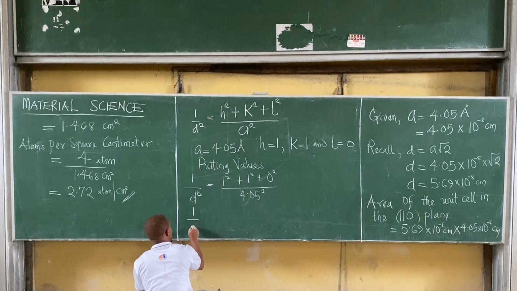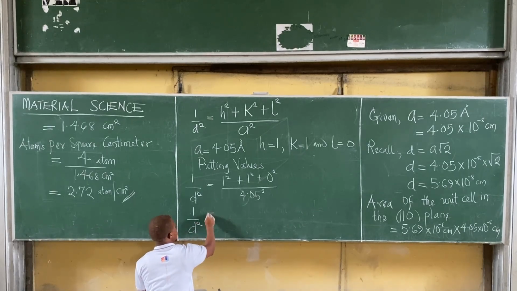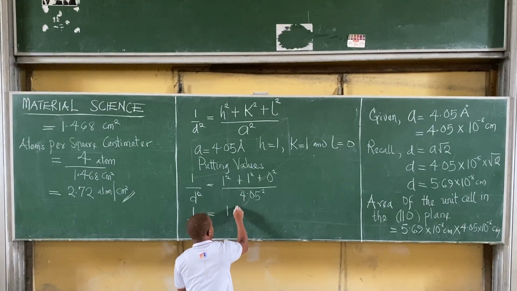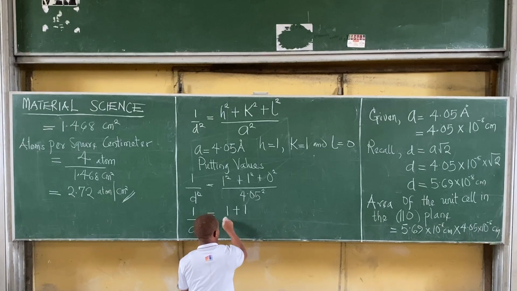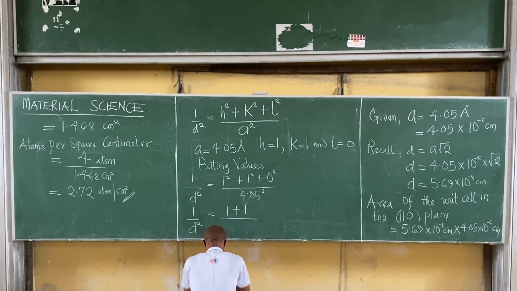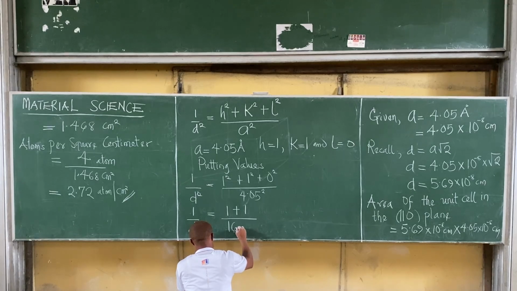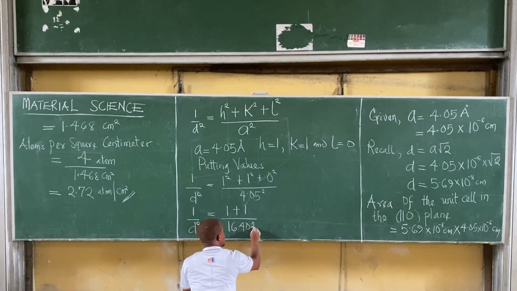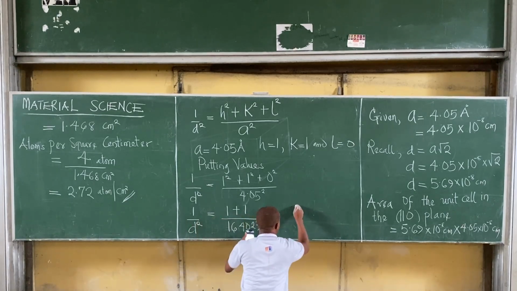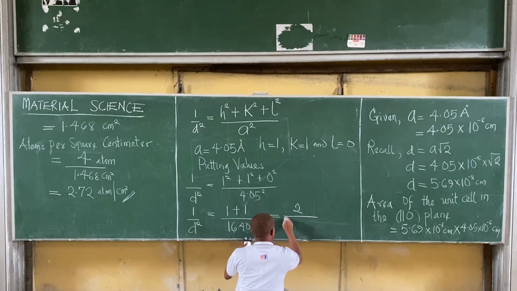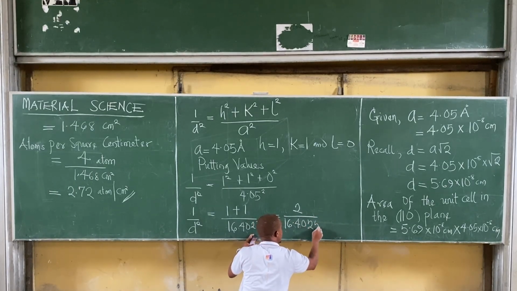Therefore, 1 over d squared is equal to 1 plus 1 plus 0, all divided by 16.4025, and this gives me 2 over 16.4025.